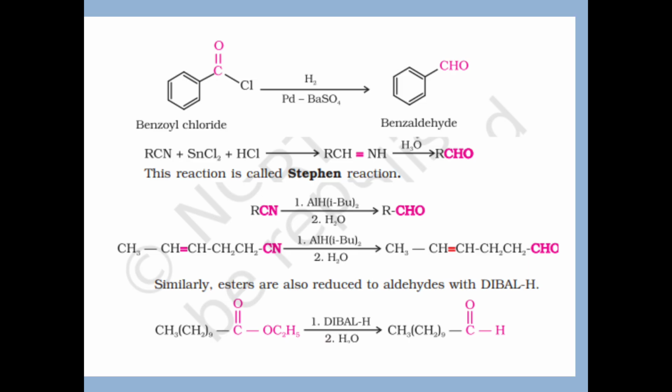If we give H2, Pd-BaSO4, it will produce benzaldehyde. Then if we give RCN, that is nitrile, in presence of SnCl2 and HCl, which is called Stephen's reaction, after hydrolysis the product is RCHO.